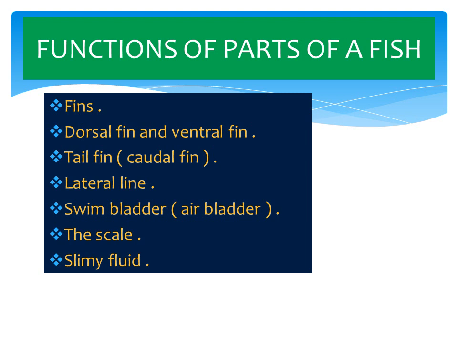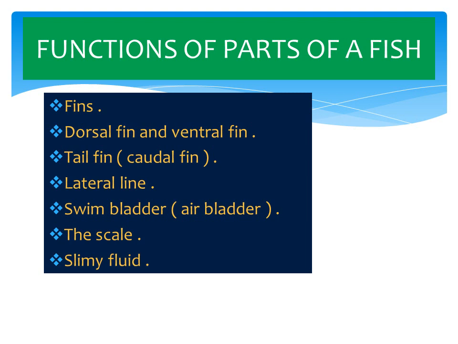Number two, we have the dorsal fin and the ventral fin. Candidates, the dorsal fin or ventral fin prevent the fish from rolling. Number three, tail fin or caudal fin.